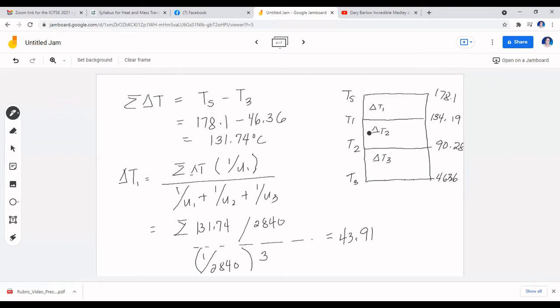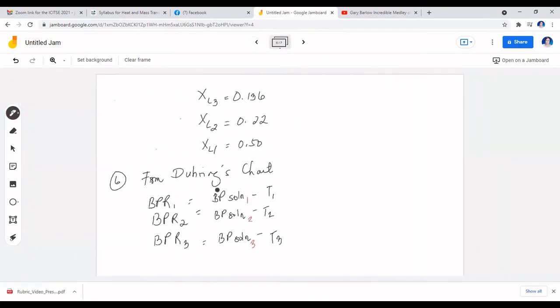Okay, so this will be now the saturation temperature that you will use in the Duhring's chart to get the BP of your solution that will be substituted here to get the individual BPRs.